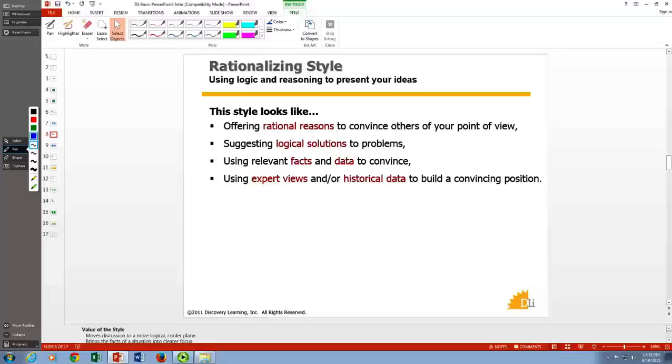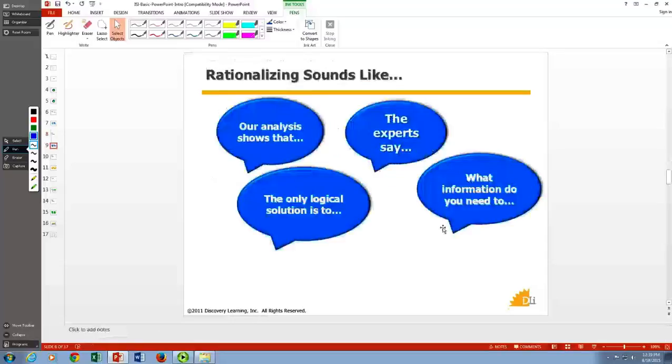And the way it sounds is often based on data, the analysis, the logic, drawing on authorities, not the authority, but authorities and experts to back your opinion. And in this particular style, we will also rely on what information can be gathered or what information needs to be gathered in order to support a logical, convincing decision to be made.